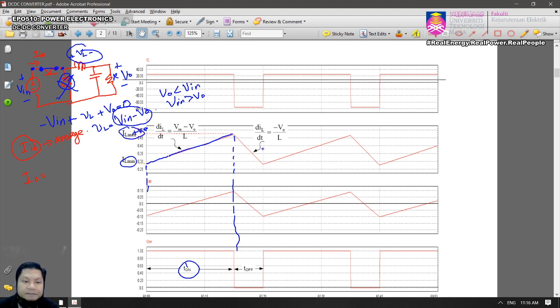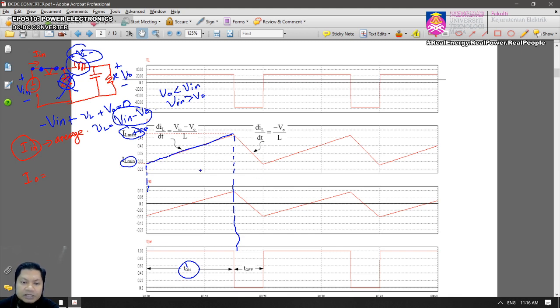Okay, you get it? Right? So during the switch is on, a positive voltage of V in minus V out will be impressed across the inductor, causing the current to linearly rise from IL min to IL max.